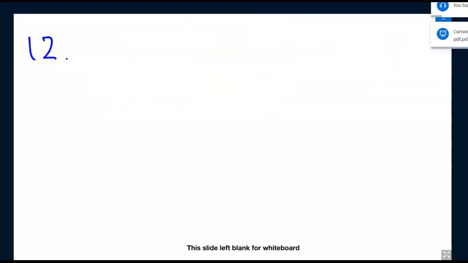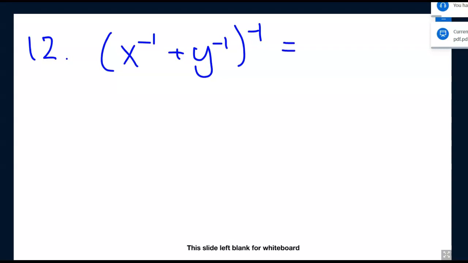And 12. This one's extremely important. So this one focuses on getting common fractions. So you have 1 over x plus 1 over y to the negative 1. And then when you simplify that, the problem is that you can't distribute your negative 1 in.